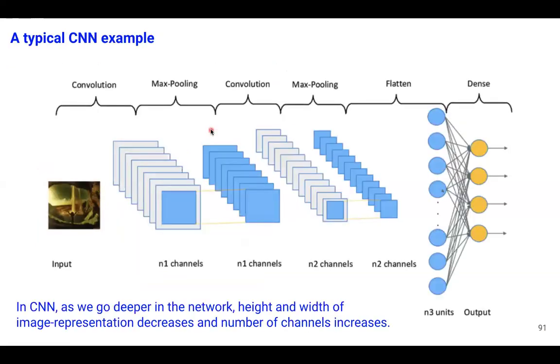Now if we move on to a proper typical CNN example, it would look like this. We have an input image, which is this. Generally, the first layer is always a convolution layer with many filters. As a result, you get many outputs, and the number of outputs just means that many filters were used.